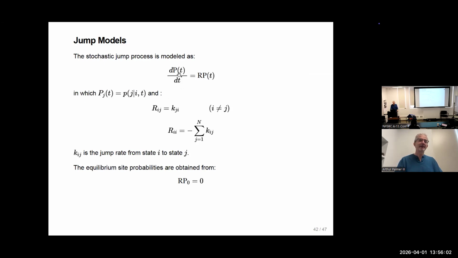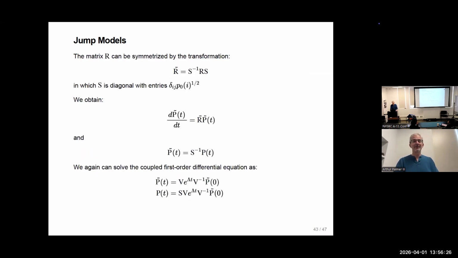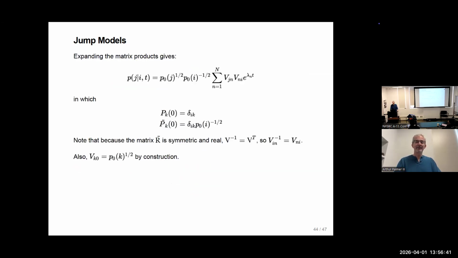These can be analyzed by a very standard approach. We write an expression for the probability distribution. This matrix R has all the jump constants in it. We solve for the probability distributions and then integrate all of the terms to get the autocorrelation function. The standard way to do this is to symmetrize the matrix and find its eigen decomposition in terms of eigenvectors and eigenvalues, plug everything in and do a bunch of algebra.